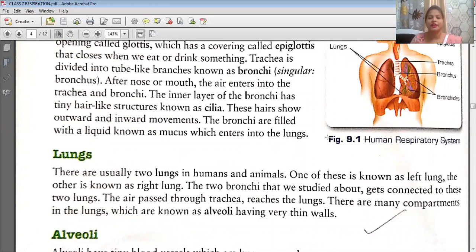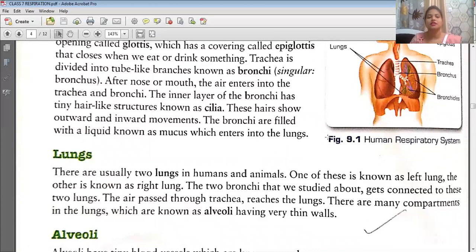So after that, what happens? After air enters into the trachea and then the bronchi, the inner layer of the bronchi has tiny hair-like structures. These tiny hair-like structures present in the inner layer of the bronchi are known as cilia.